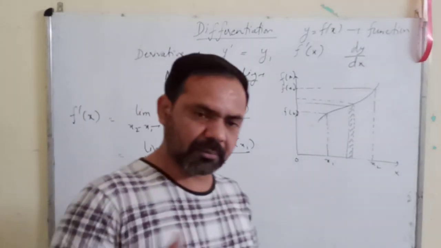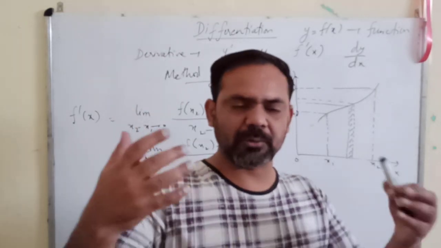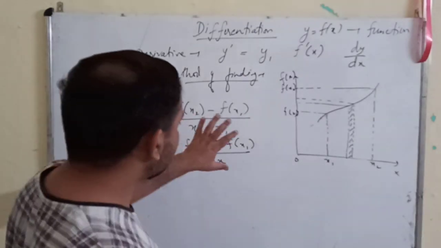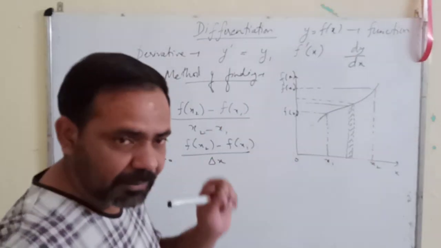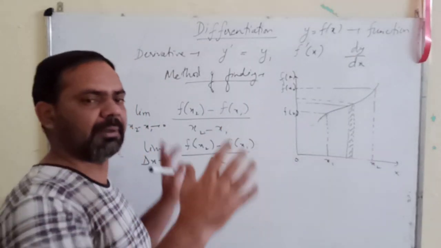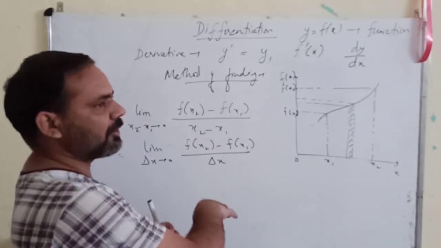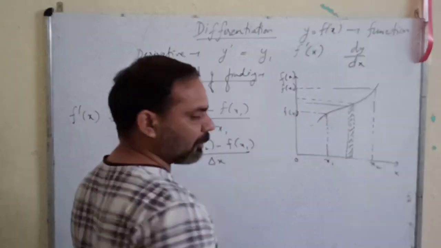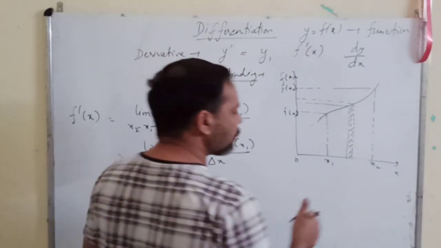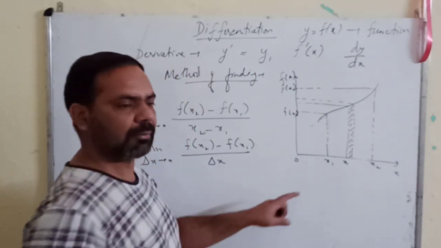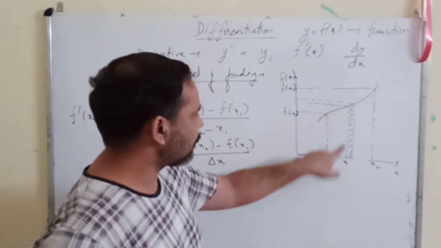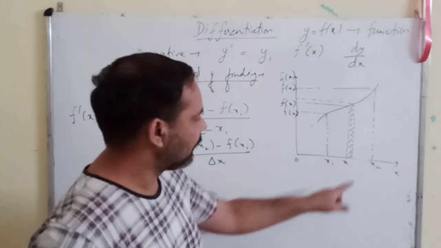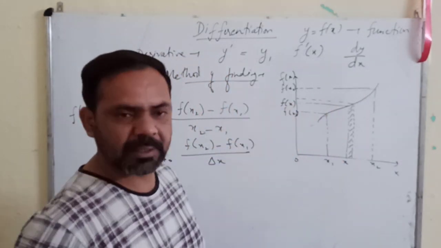Now to find the derivative of a function, we change this definition a little bit, and that will be my actual definition, which we will use to find the derivative of different functions. Suppose this is your x1, x2. Now we choose a particular x, and there the value of the function is f(x).